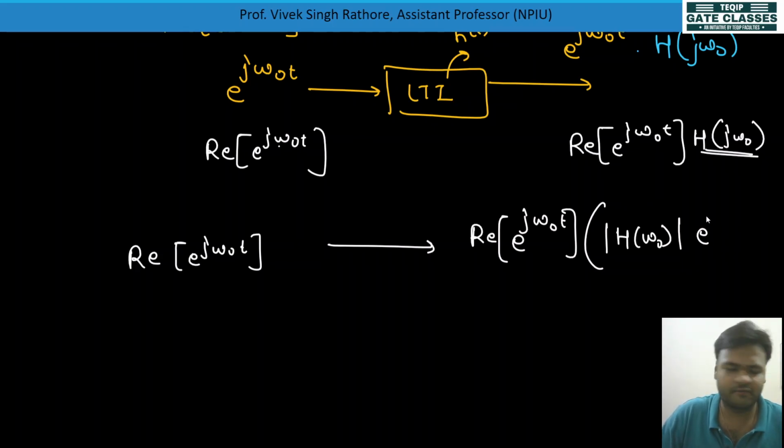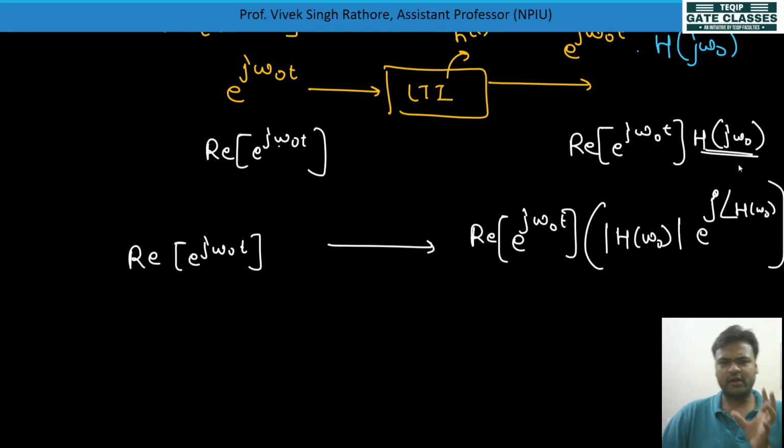And phase will be mod of e to the power j h omega naught. What I am trying to do is write h of j omega naught as magnitude and phase.